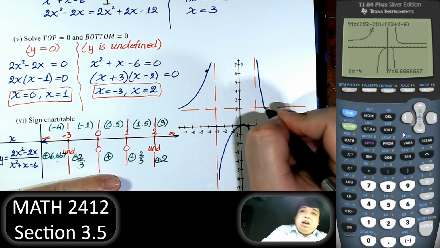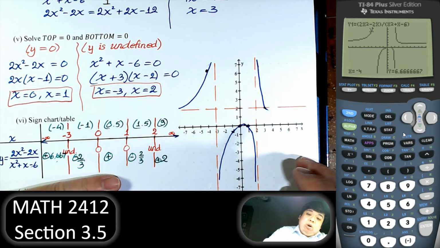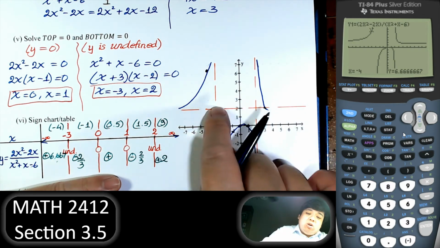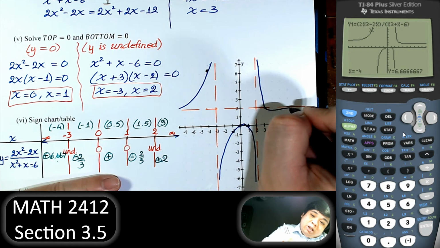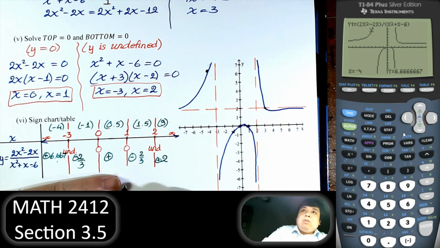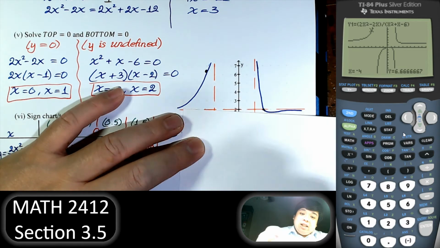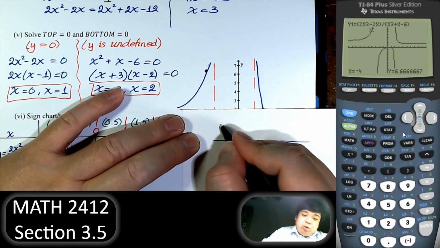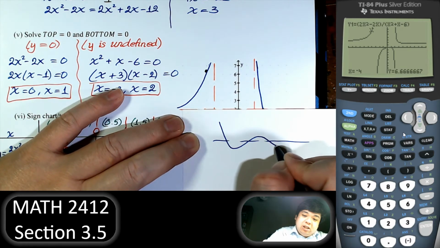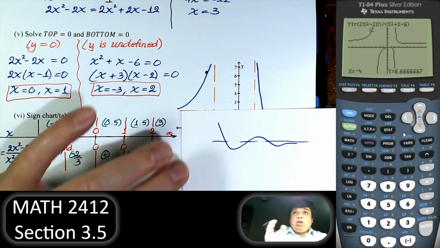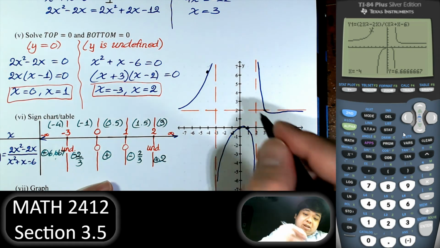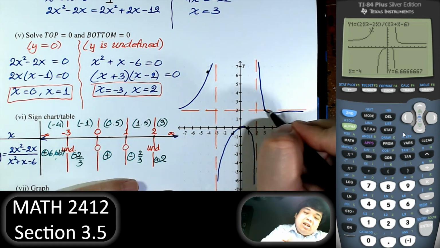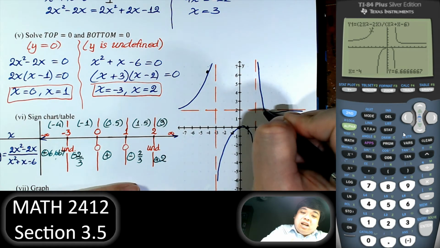And it cannot be negative, so we will not go down. But because of the horizontal asymptote, it has to go back and approach it, so it has to be like this. We know for sure that even though we have the horizontal asymptote, it will not go like this, because we actually solved for it. The graph only cuts the horizontal asymptote exactly at one point.